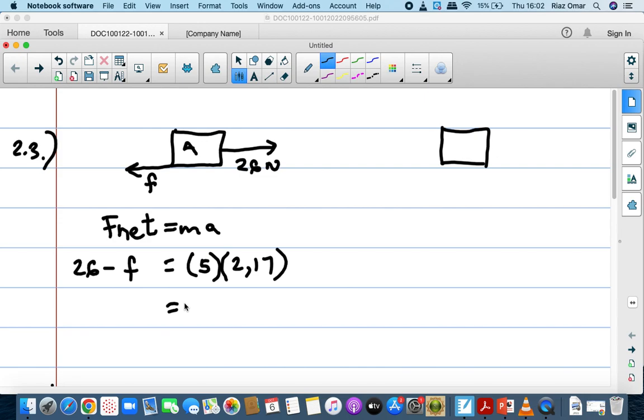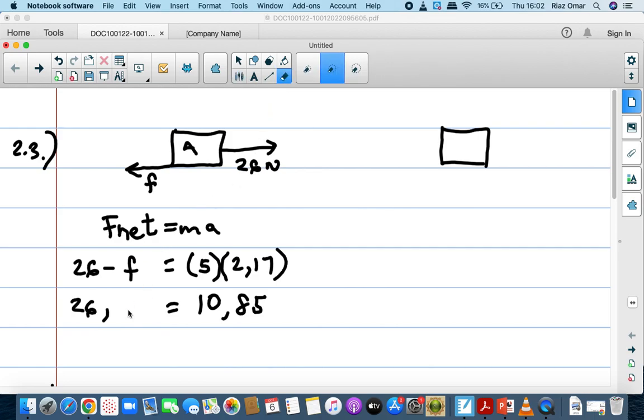Let's just work that out. That'll give you 10.85. And then this will be 26 minus F.